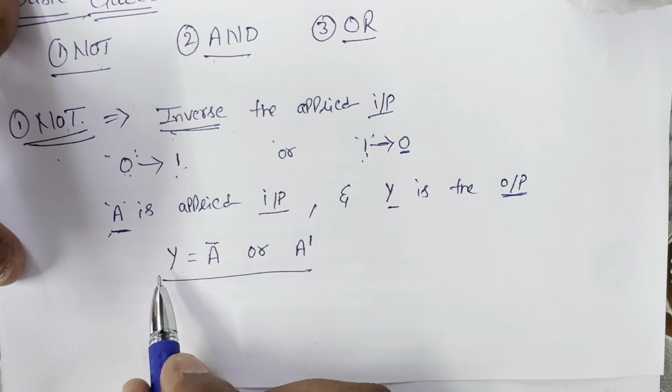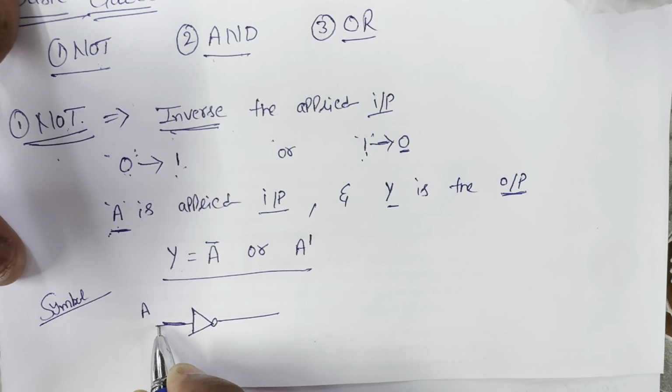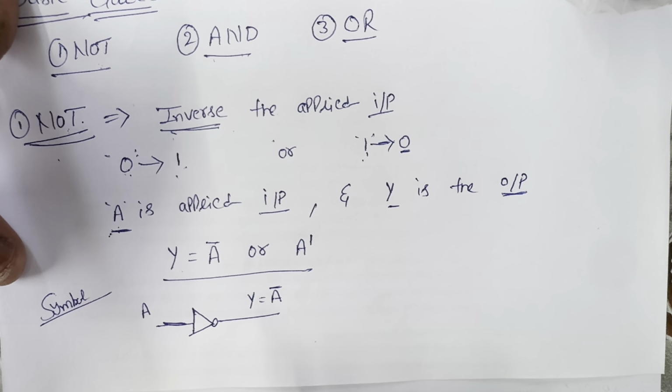Here A is the input, and A bar, or A complement, is the output Y. And the symbolic representation of this NOT gate is like this. A is applied here and the output is Y equal to A bar.